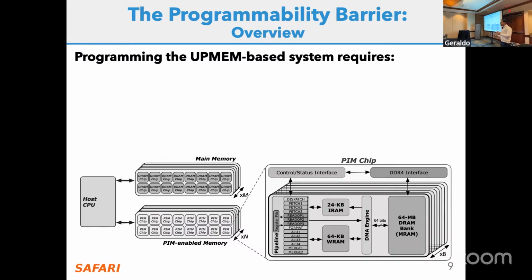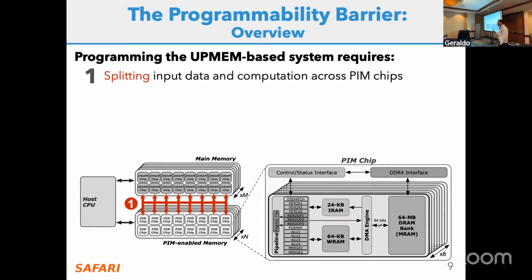As I mentioned before, this follows an accelerator model where you need to divide the computation between PIM operations and non-PIM operations. You, as a programmer, need to figure out which portion of the computation is going to be PIM-based and split the data for the PIM-based computation across the many processing in memory chips in your UPMEM DIMM, for example.